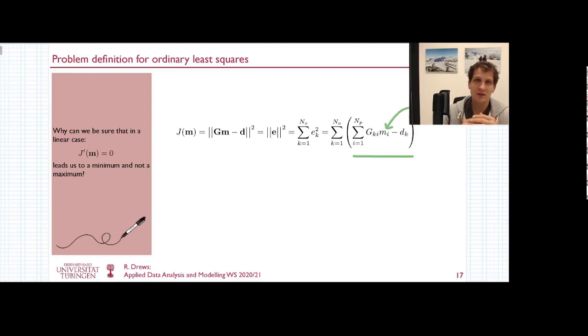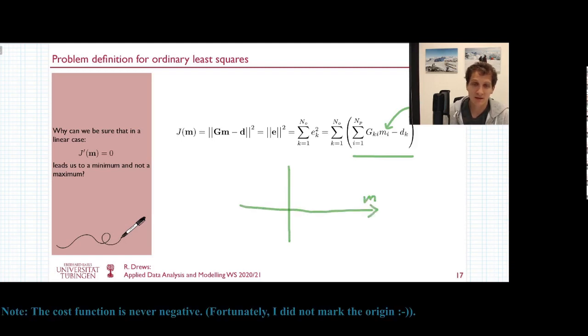There is no way to have higher order terms than that. And so the way you can imagine this is that, again, in a 1D case, if I have my model parameter here and the cost function here, it will have a somewhat parabolic shape. I don't know the exact shape, but it will have the form of a parabola, something like this, okay?